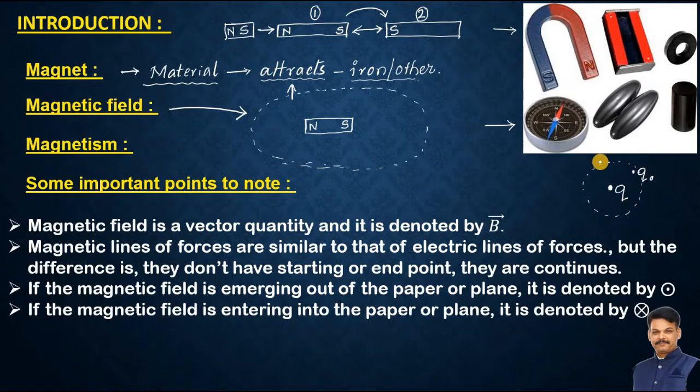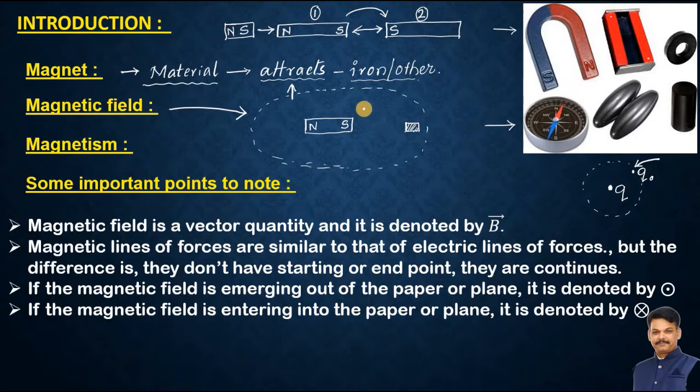Very simple. See, as in the case of the electric field, where another charge used to face a force of attraction or repulsion, in the same way, dear students, if any iron-like substance or any magnetic material or any magnet is brought into this region of magnetic field, then it will experience a force.